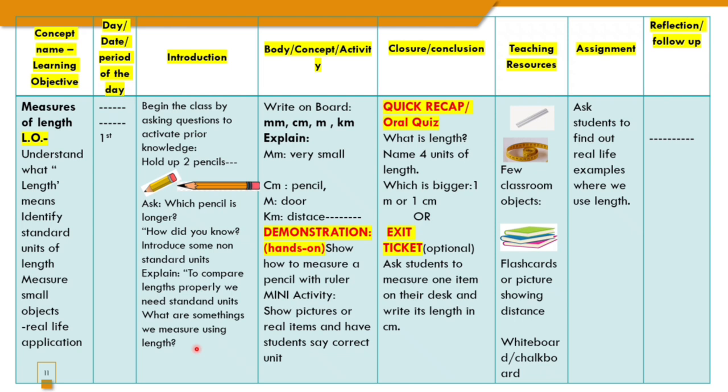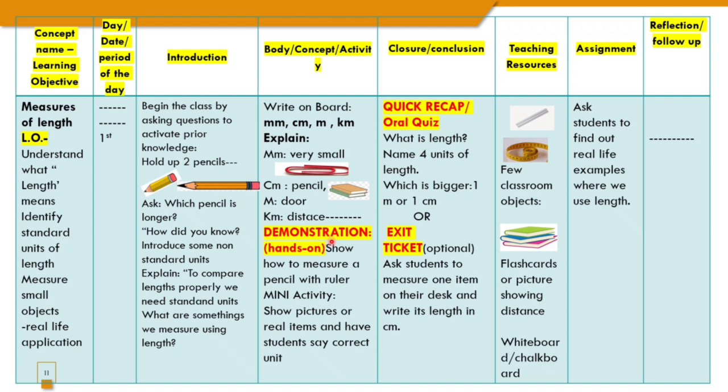And then you will come to the main body concept, where you will write on the board millimeter, centimeter, meter, kilometer, and then you're going to explain millimeter, which is a very small unit. Then you use it to measure very small objects. Then centimeter you use to measure a pencil, book, like that, the different units and how you use them.